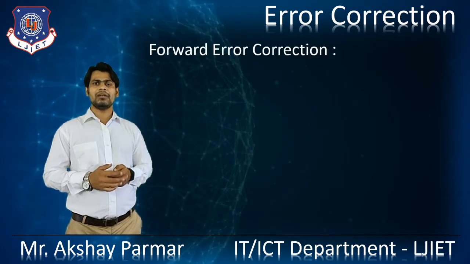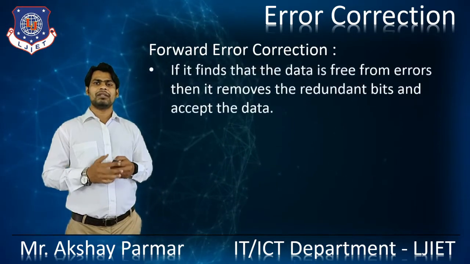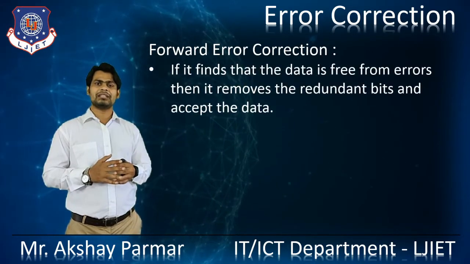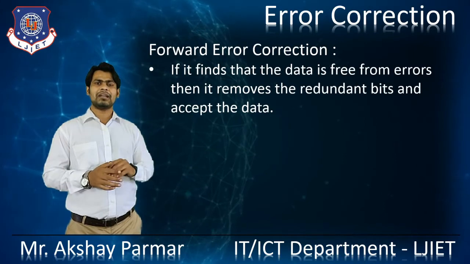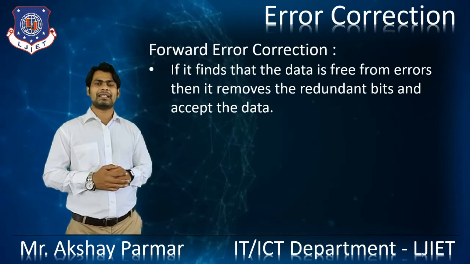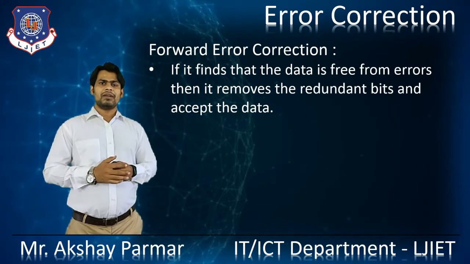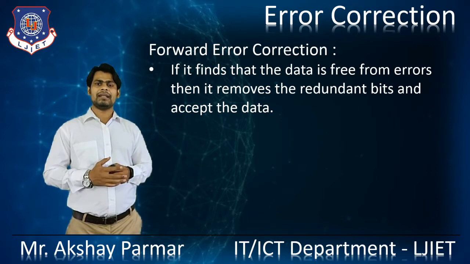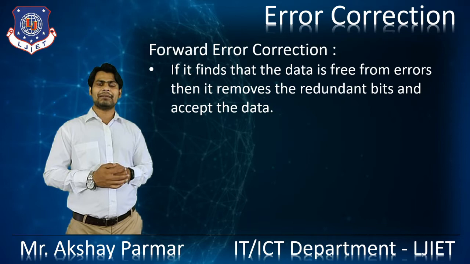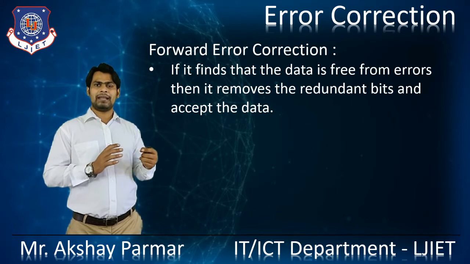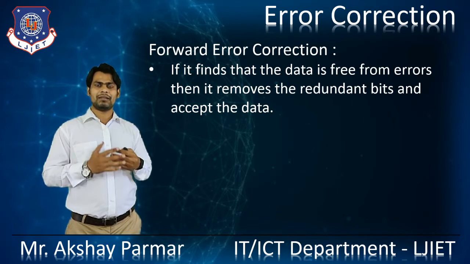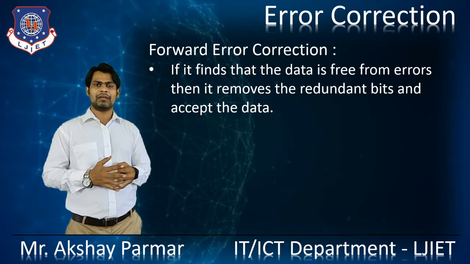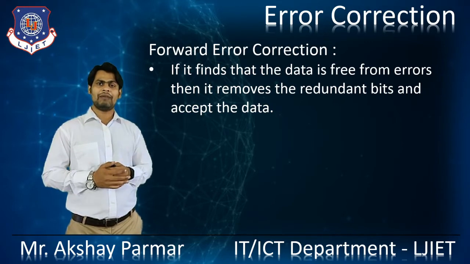If it finds that the data is free from error, then it removes the redundant bits and accepts the data. And if there is an error, it applies some techniques and gets the original data. That's how the forward error correction technique works.